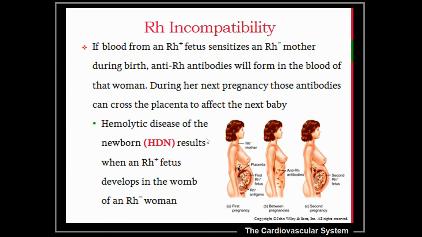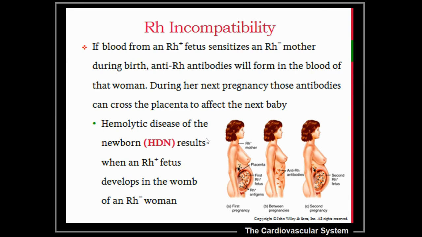So when the blood mixes during the pregnancy or during the birth, the Rh negative woman develops antibodies against the Rh positive blood, so that if she is exposed to Rh positive blood a second time, then there will be an immune response. During her next pregnancy, those antibodies can cross the placenta to affect the next baby. And in essence, the mom's blood can be affecting the baby's blood.